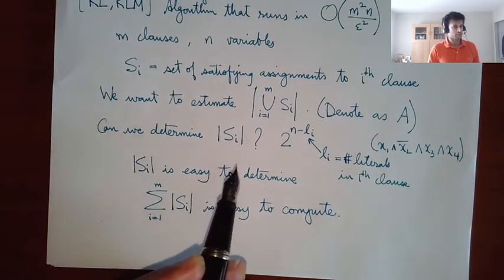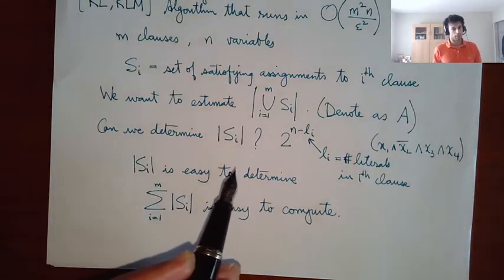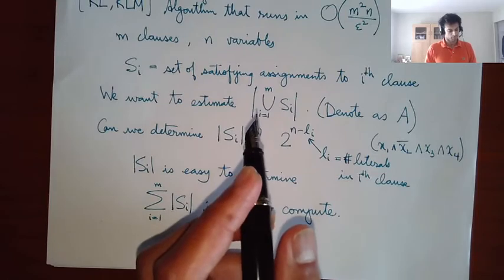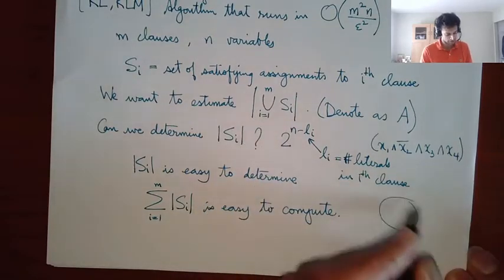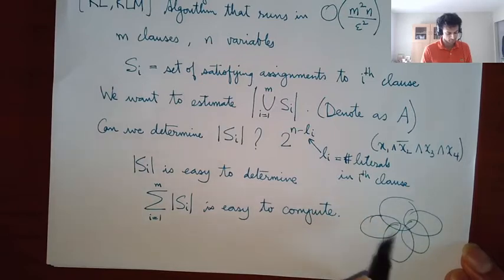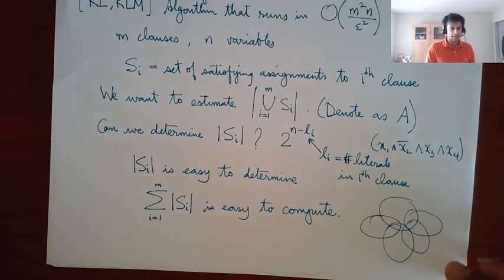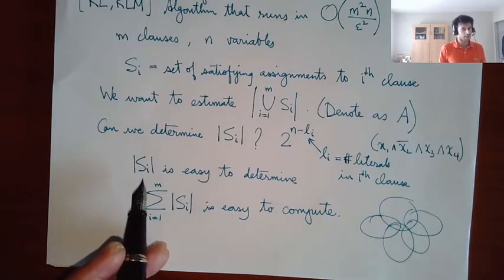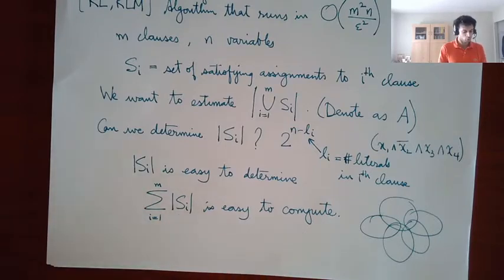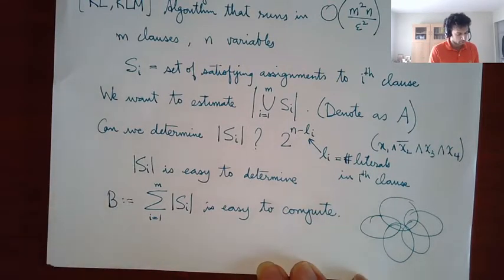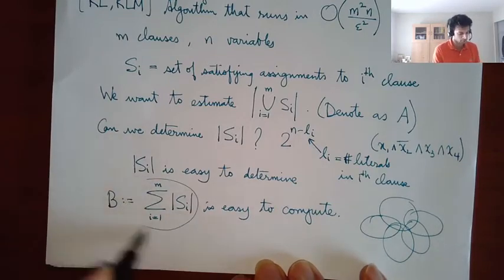Now these sets are exponentially large, but you only have m of them. You know the size of each of these sets, the size of S sub i, so you can get the sum of the sizes. I'm going to call this B.